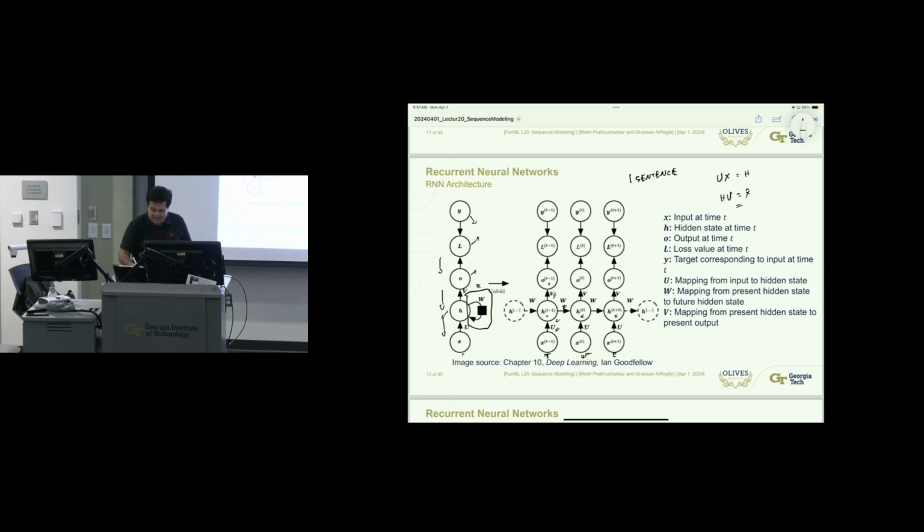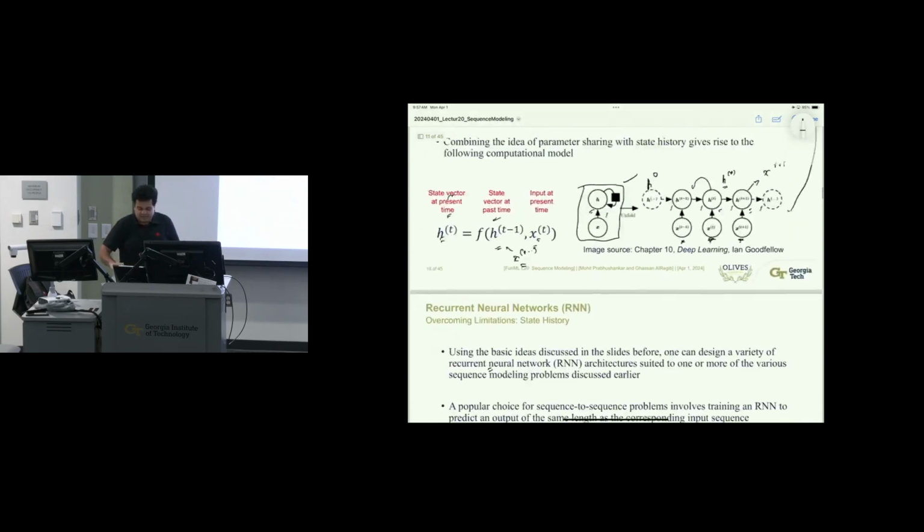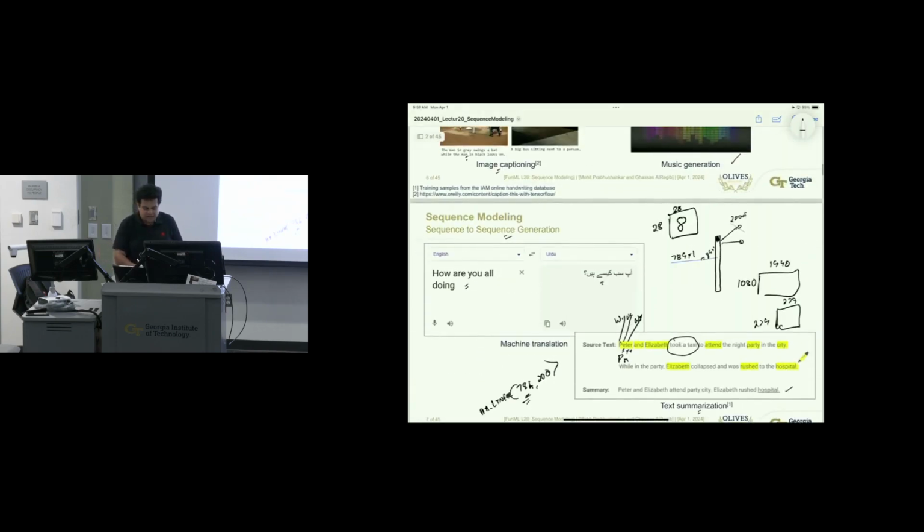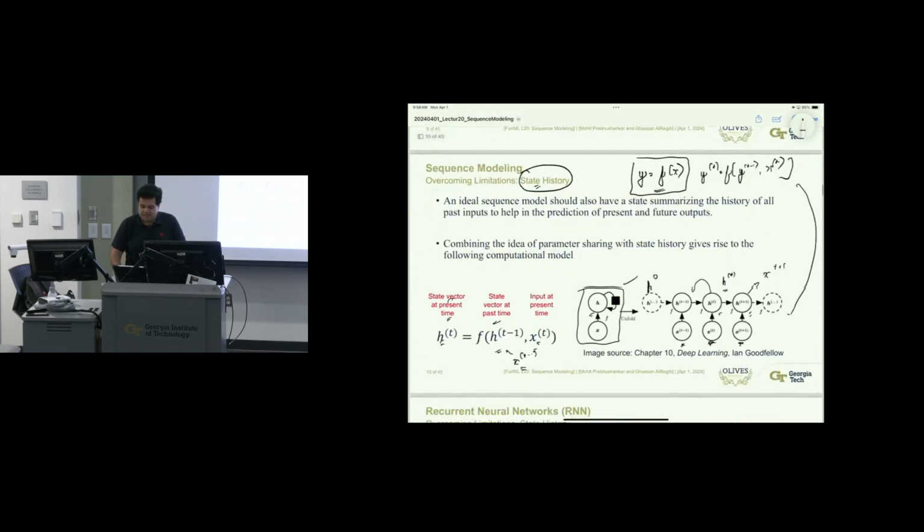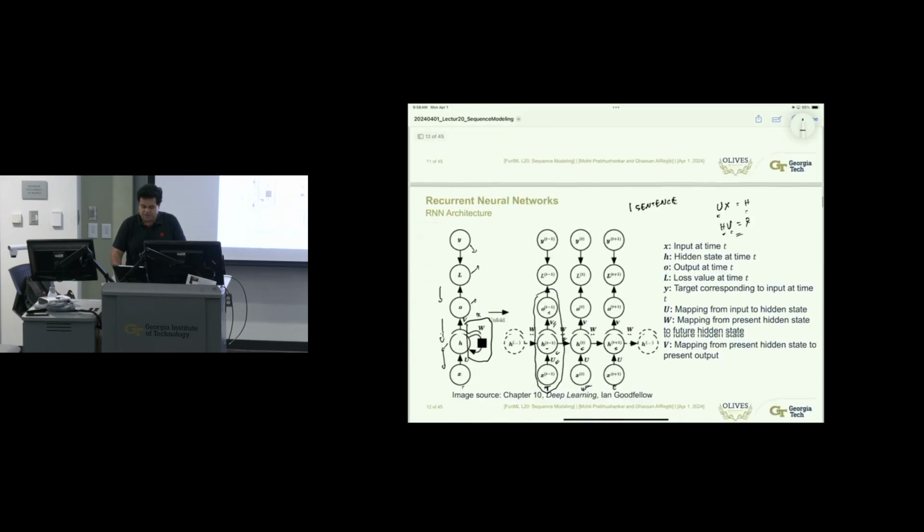That is exactly the same as this portion of your RNN, where you're multiplying by a certain set of weights, which is U, to get a hidden layer representation H. And this H is again going to be multiplied by V in order to get back, not X cap in this case, but it could be something like what we discussed before, where it's translation. This word needs to go to Urdu, where it has to move to a different language, and maybe a complete opposite as well. Instead of left to right writing, it has to be right to left. But still, your output in this case is going to be a different language, right?